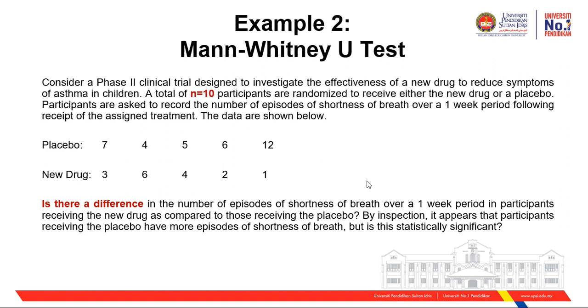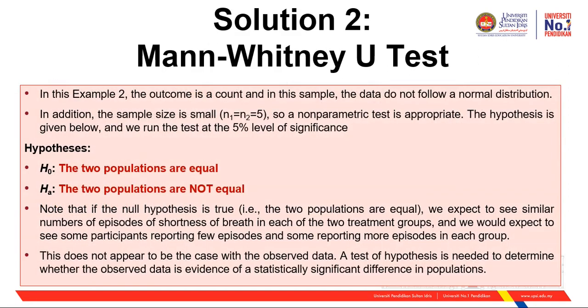Alright, so based on this data, we know it is a two-tailed test with alpha. Did they mention alpha here? Assume it's 5%, N1 5, N2 5. Okay, let's look at how to solve it. In this example, the outcome is count data, and the data do not follow a normal distribution.